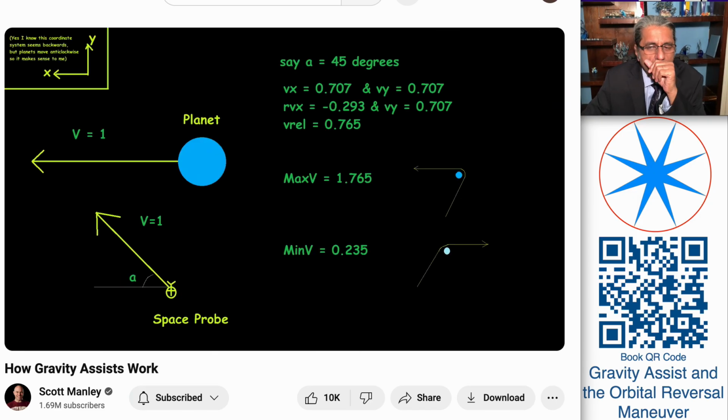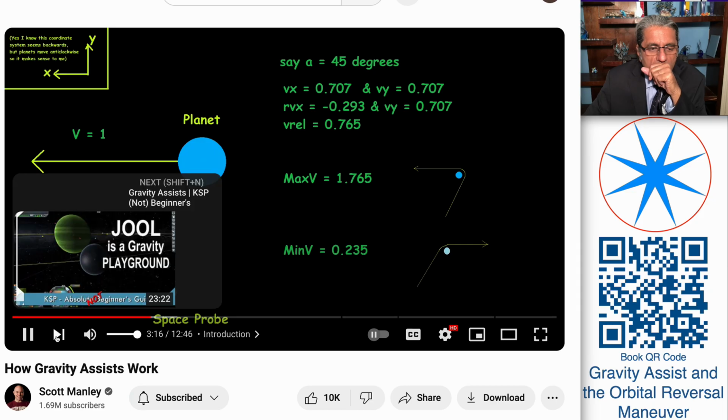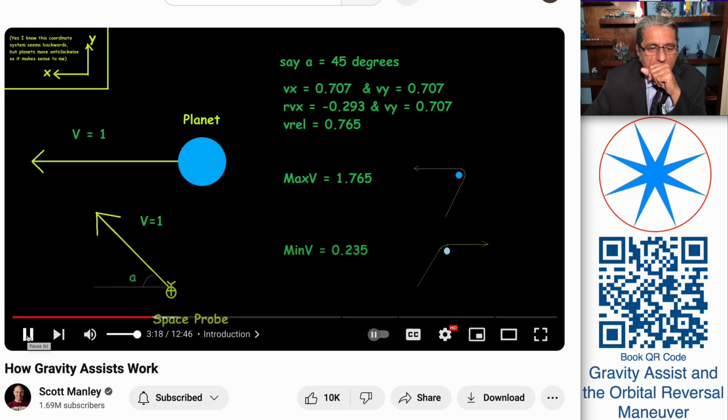Now, many of you will immediately get confused because the coordinate system is backwards, and that's because if you look down on the planetary system of the Earth or Kerbin from the North Pole, then the planets move anti-clockwise. These numbers are correct, and you can plug his numbers into the equations that I have in my book, and you will get his answers.